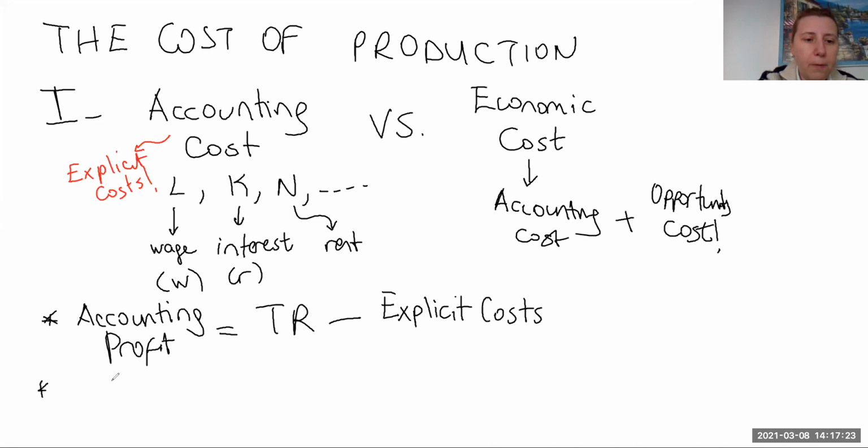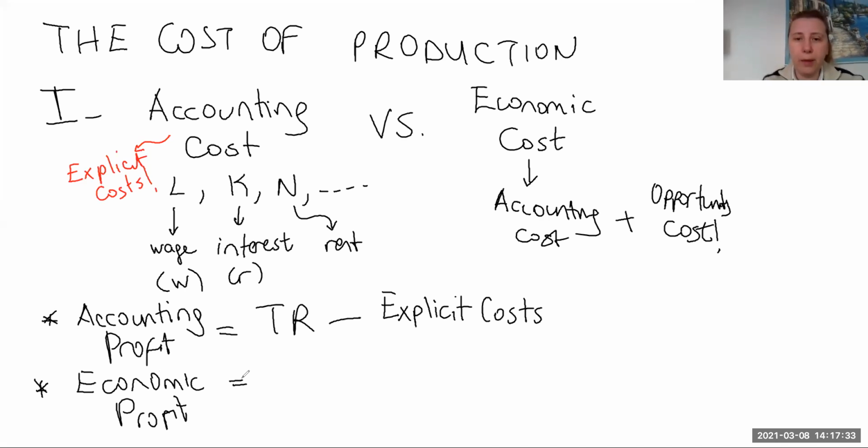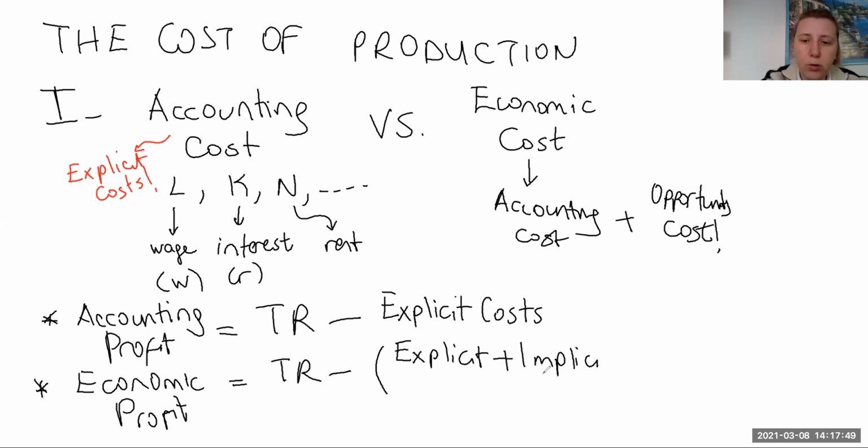And also we have the concept of economic profit that we will talk about in detail in chapter 8 in the perfectly competitive market. An economic profit is the difference between total revenue minus both explicit plus implicit costs.